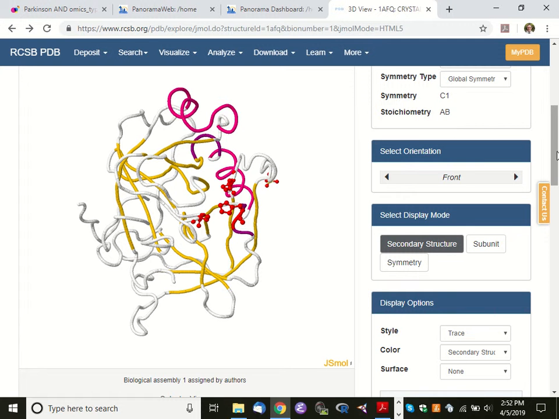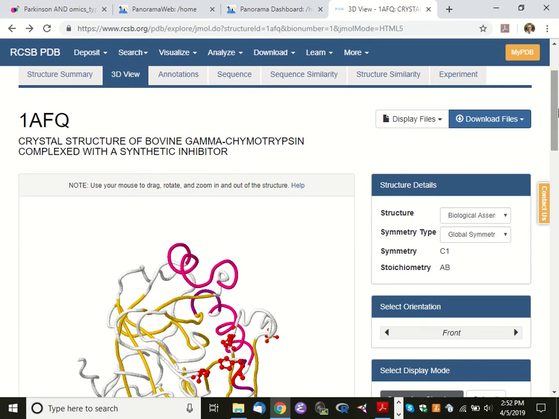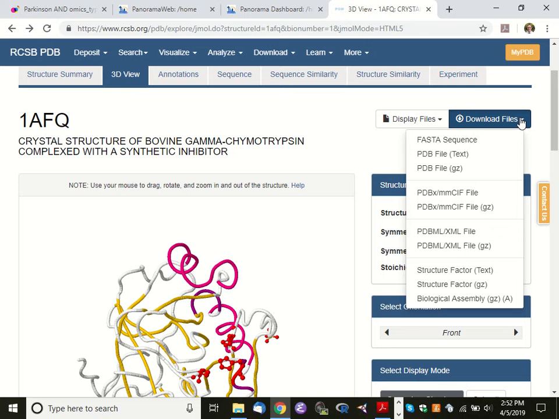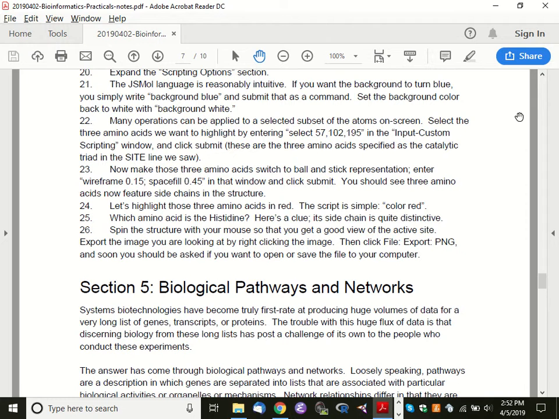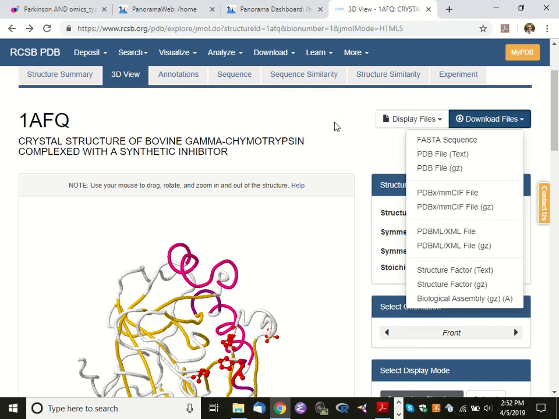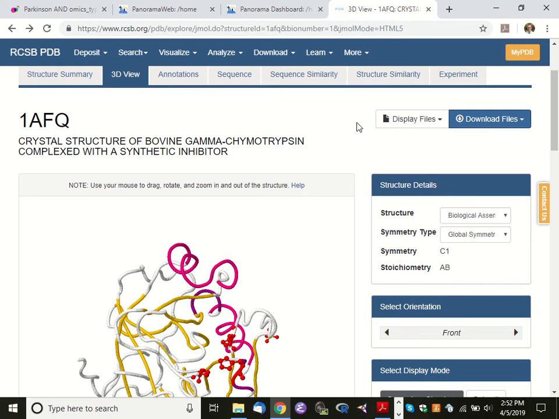Now we have the option of exporting this image to a file that we can easily use. You might think download files would be it. It's not. It's someplace else here. This is by file export. Oh, I remember how I did this one. Sometimes you just need to be a crafty and old person to find the shortcuts here.